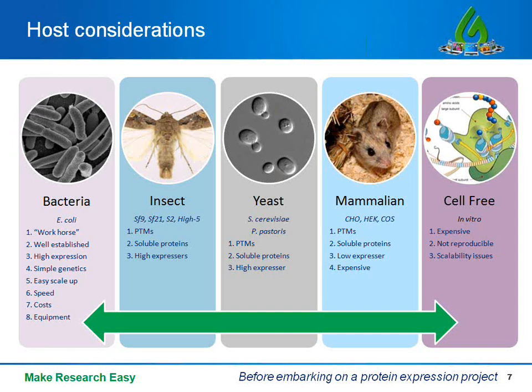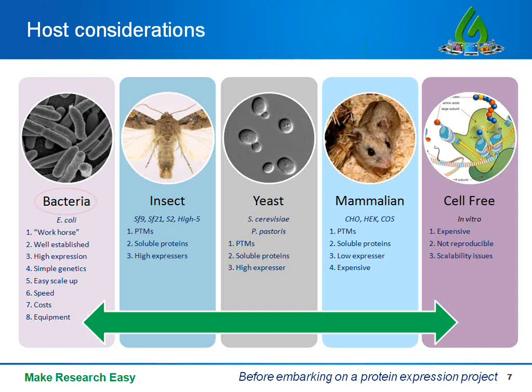Now, given this kind of choice, how do you select which expression system to use? Now, while there are various factors that go into the decision-making process, nature of the target protein and its solubility, its functionality, protein yield requirements, user experience, intended applications, and the speed of generation are often some of the most important factors that govern the decision.